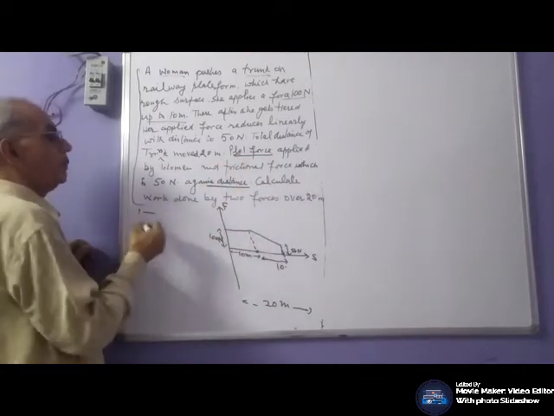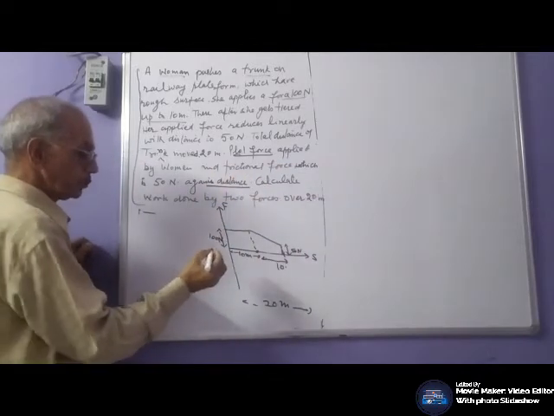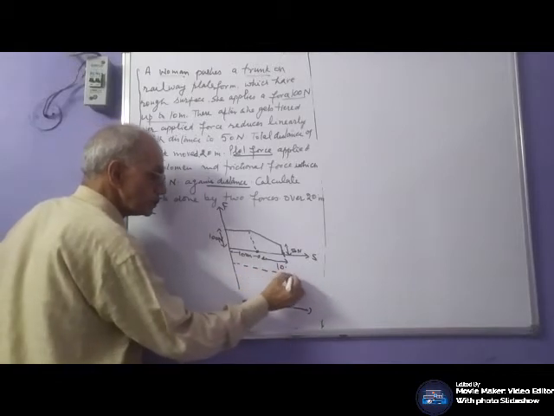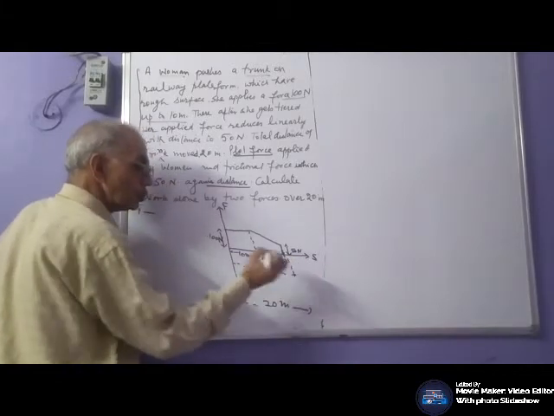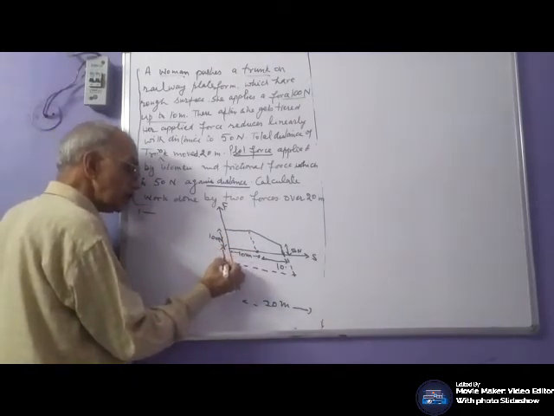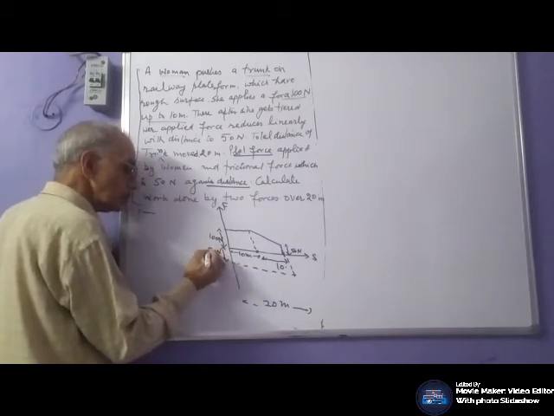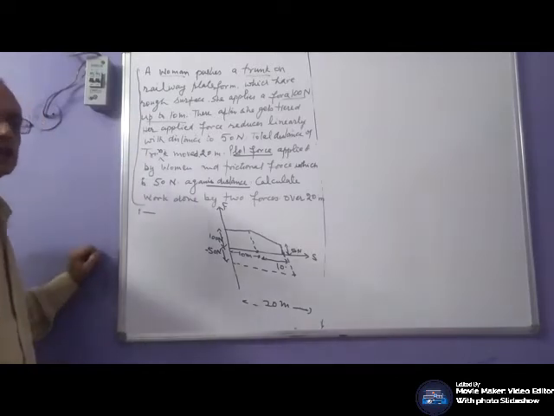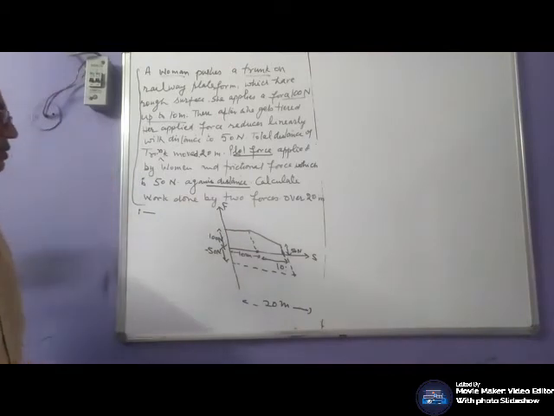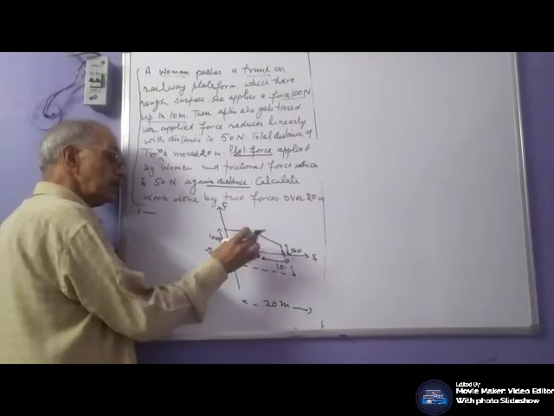Plot the force applied by the woman and distance. Again the frictional force with distance. This is that frictional force, and this is 20. Up to 20 meter there is frictional force, and it is 50 Newton. So this is minus 50 Newton, frictional force acts in the opposite direction. So this is the first part of the question.